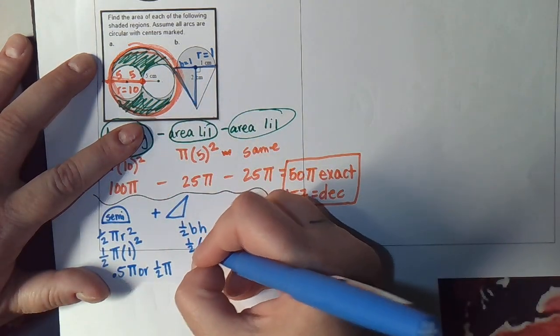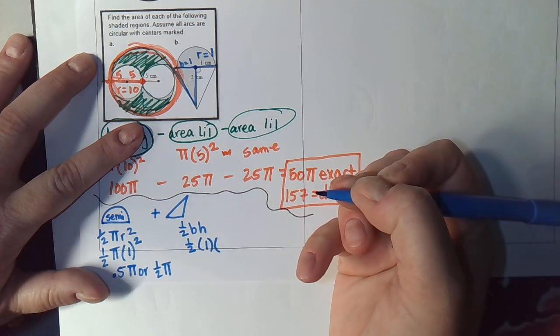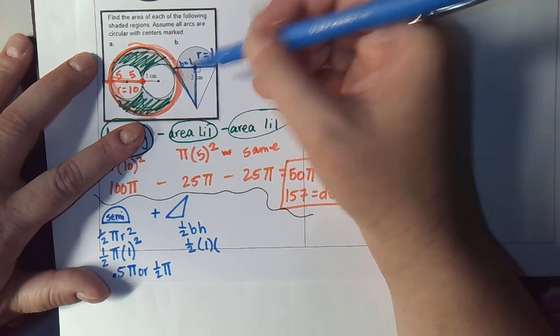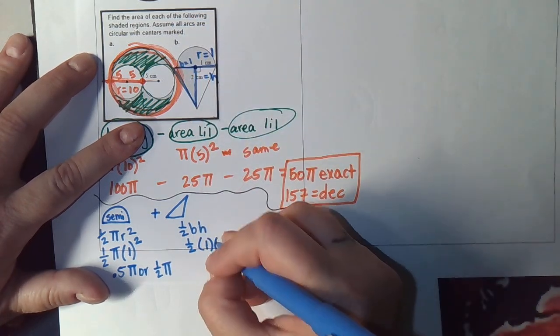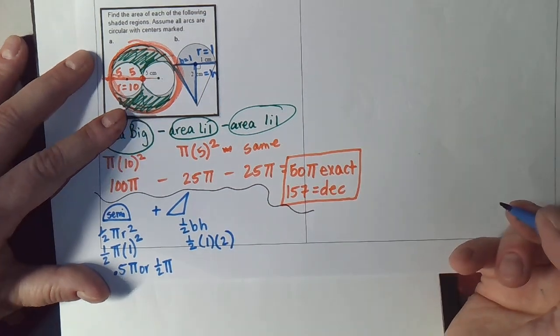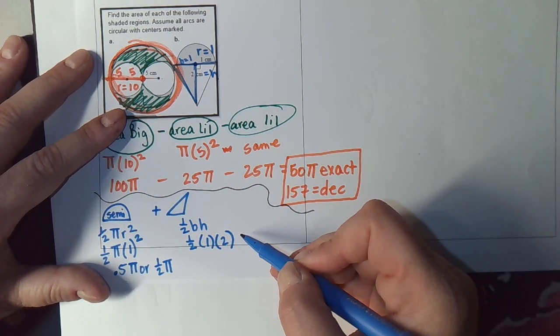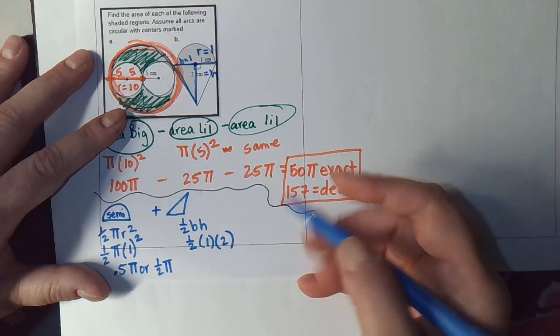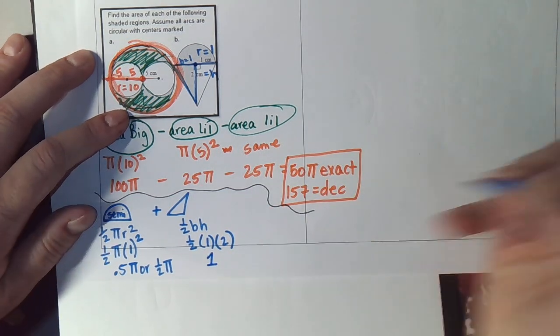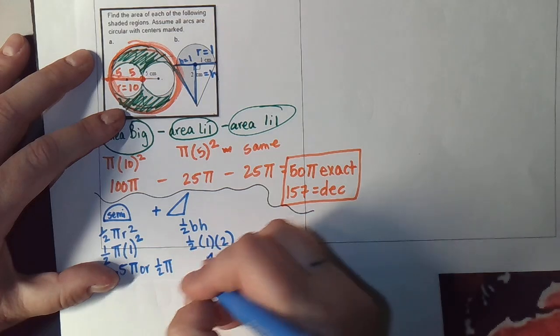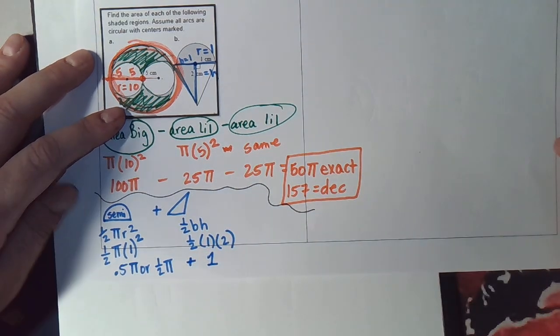So my base is 1. My height is this 2 centimeters. Okay, so let's see what this gets. We get 1/2 times 1 times 2. That's 1.